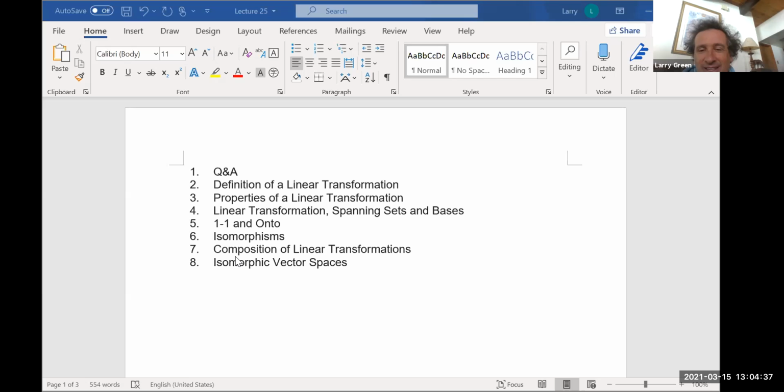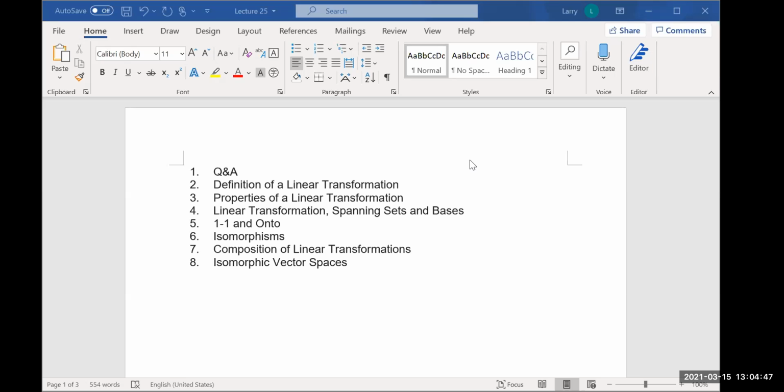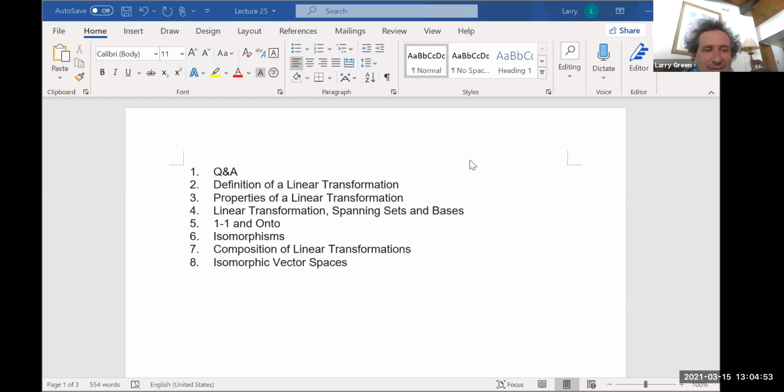Any thoughts? You're all being quiet. Hopefully you can hear me. Isn't the vector space of a 2 by 2 matrix in the third dimension? Nope. No, it's in the fourth dimension.